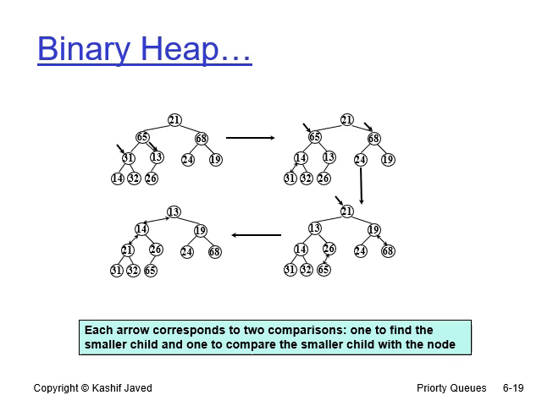Why? Because of the two children of 31, 14 is smaller than 32, and when you compare the smaller one against 31, you find that 14 should move up and 31 should come down.